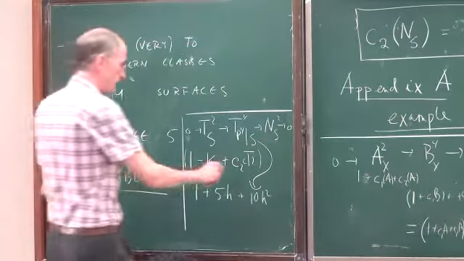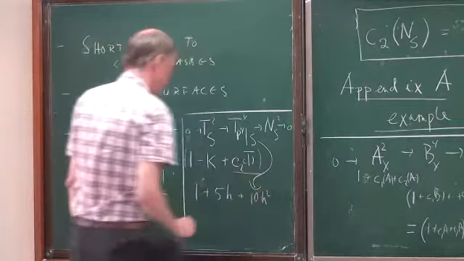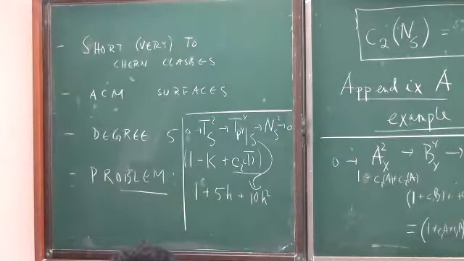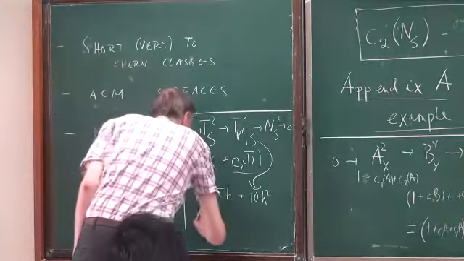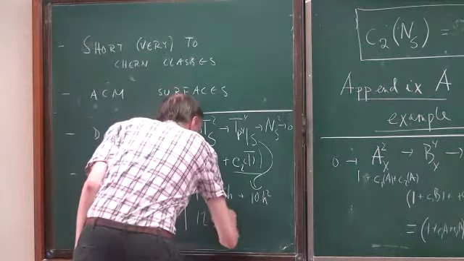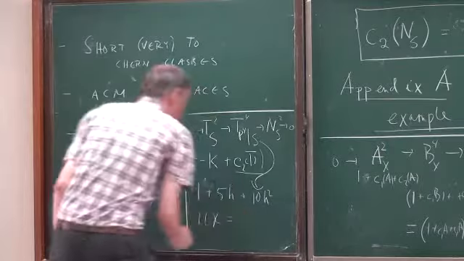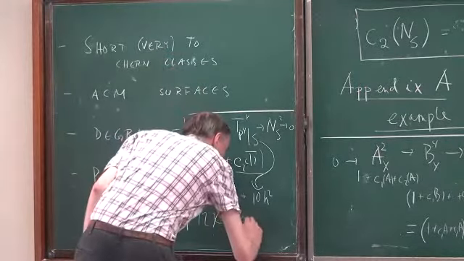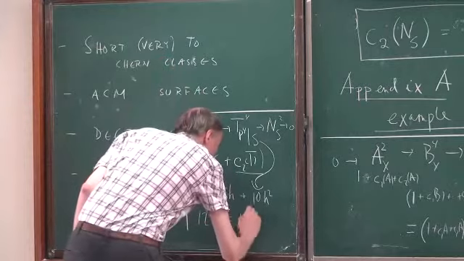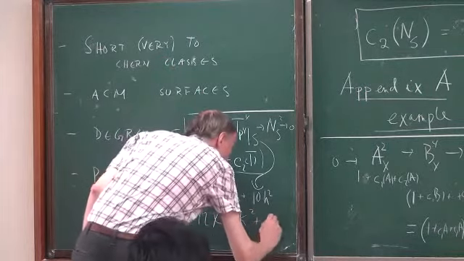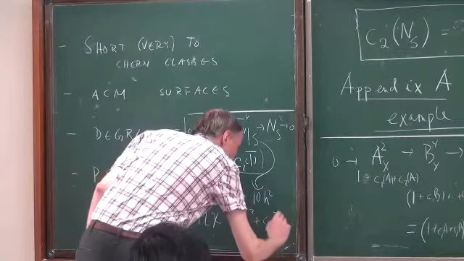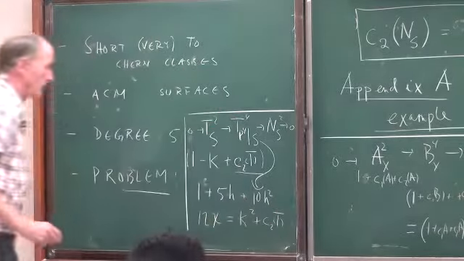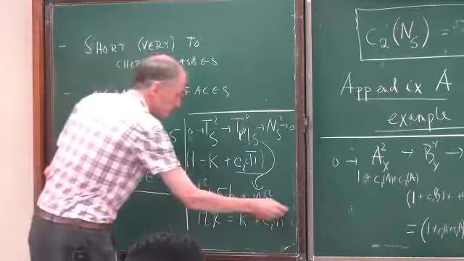The final remark: the C2 here did not appear as I wrote it before. That's because there is a completely different general statement saying that if I take K squared and C2 of the tangent bundle and add the two, then I get 12 chi.